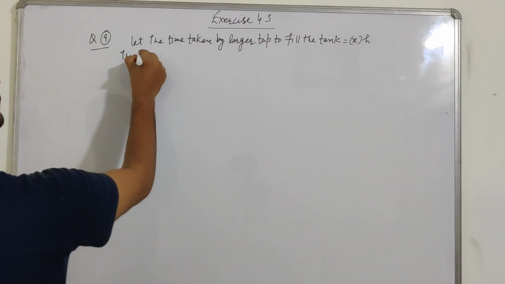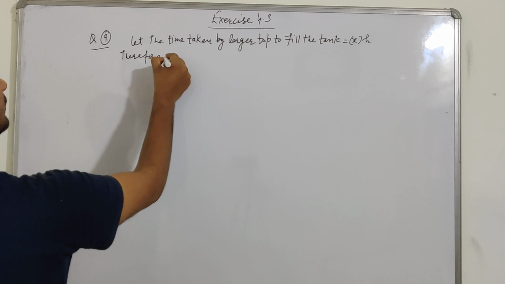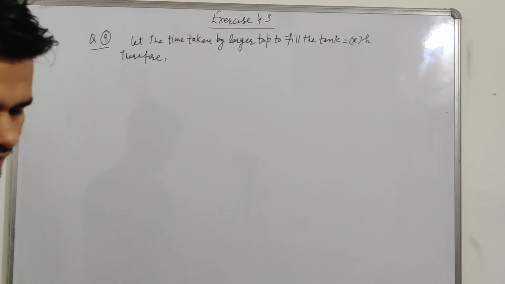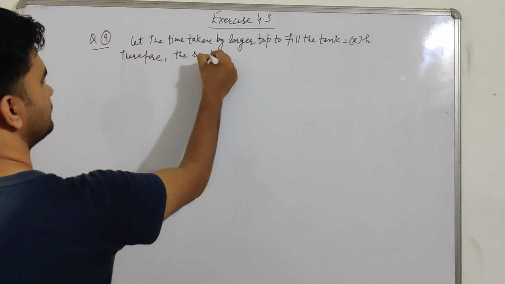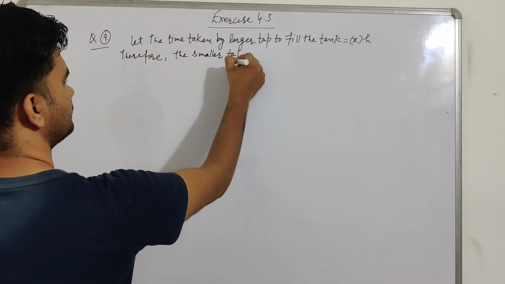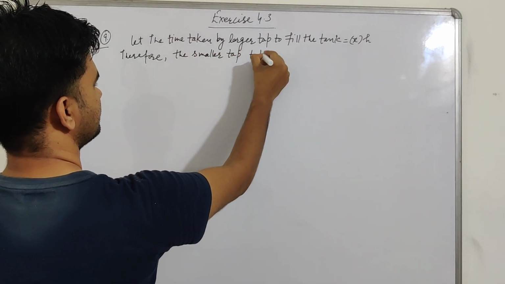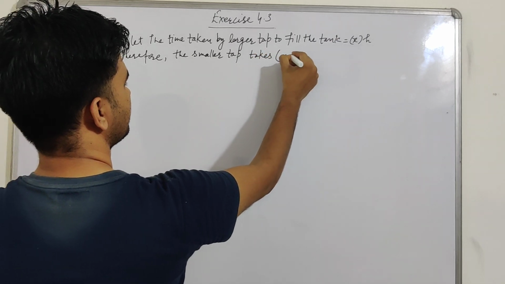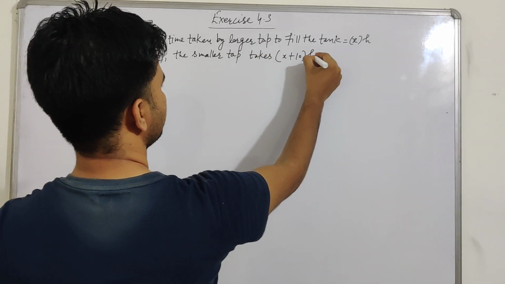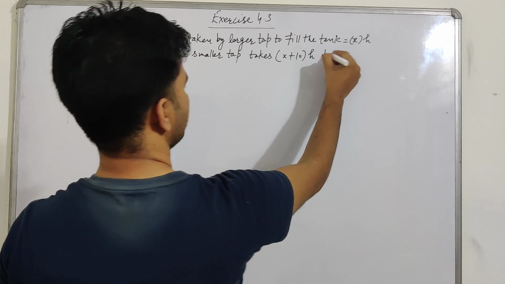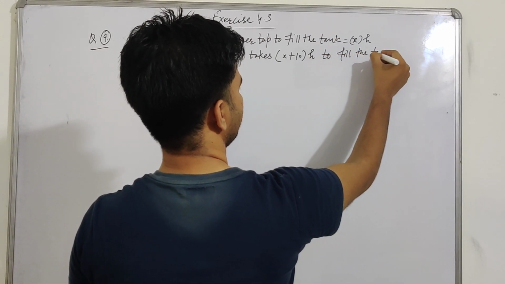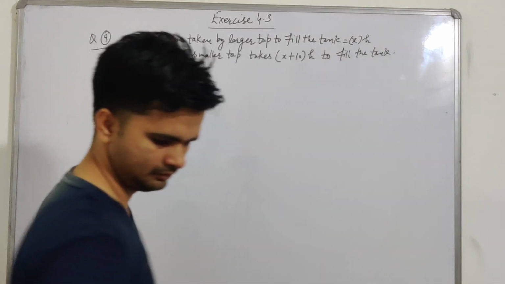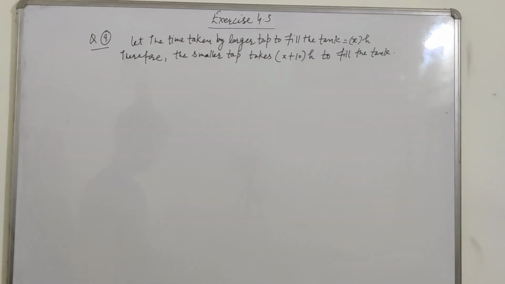So therefore the smaller tap takes x plus 10 hours to fill the tank, right?